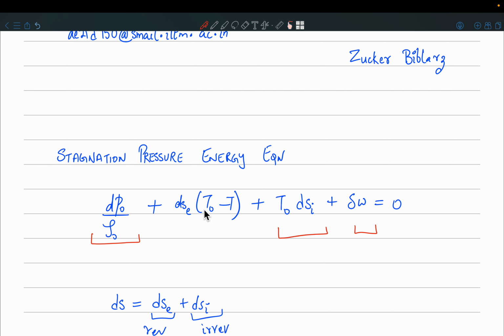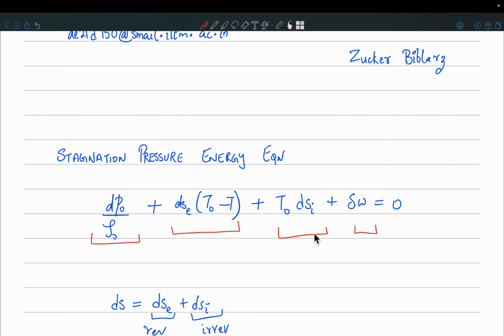This equation just says that there will be a change in the stagnation pressure only when there is some irreversibility or some work added, or there is some change in the entropy due to the reversible processes, or there is this T naught minus T difference, right?